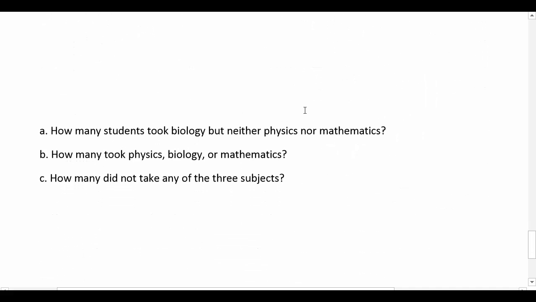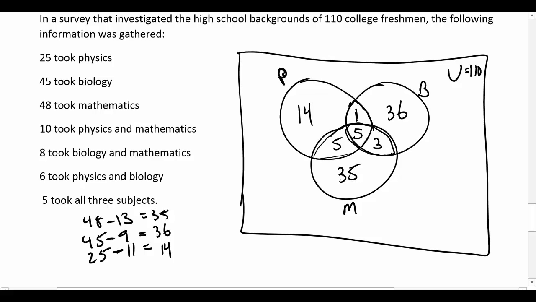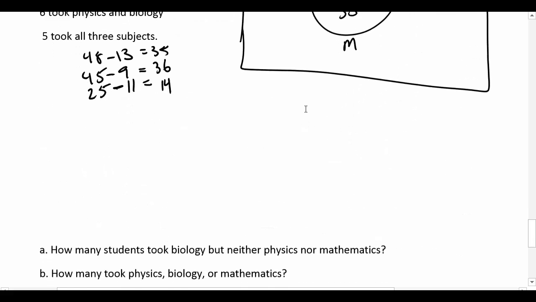First question, how many students took biology, but neither physics nor math? I can go back to my picture and look at how many are in the biology bubble, skipping the numbers that were physics or math. 36 had nothing to do with physics or math.